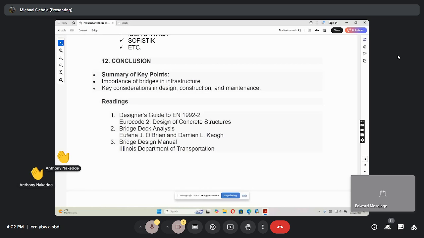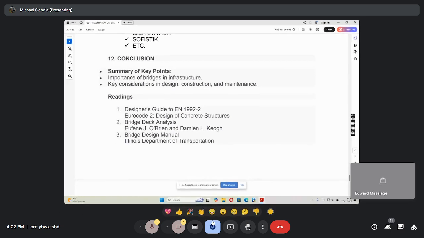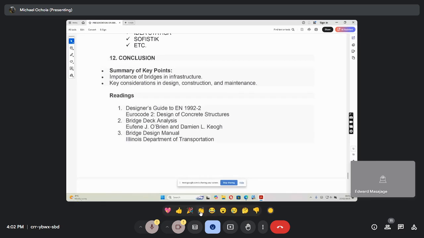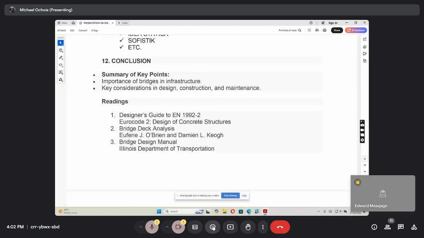I believe this is the first time many of us are hearing a presentation on bridges, if I'm not wrong, so you consider yourselves very lucky. Michael, we are really grateful for this contribution from you. Now, let's take another 15 minutes and hear from our students who want to venture into bridge engineering.